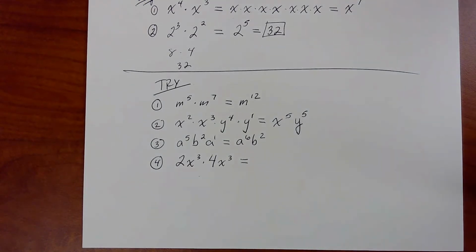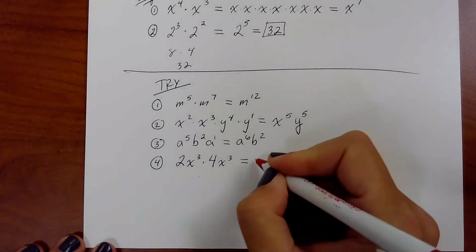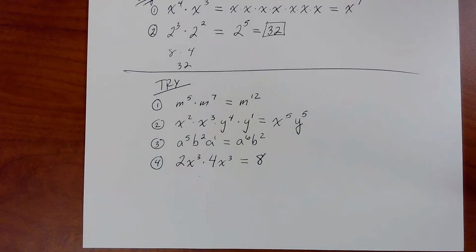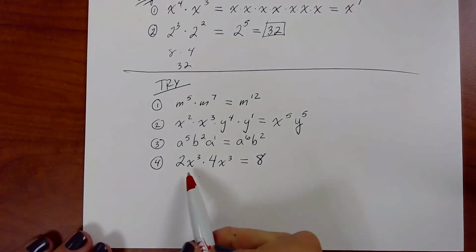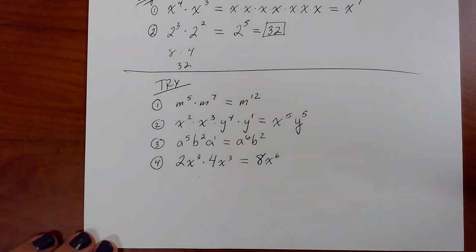Now, a hint, the laws of exponents are only used on exponents. So these numbers here, the coefficients, if you will, that's just 2 times 4 is 8. So you're going to multiply if there's any coefficients. Here's where it gets tricky. What are we going to do with the 3 and 3? We're actually adding them because we're using the laws of exponents.